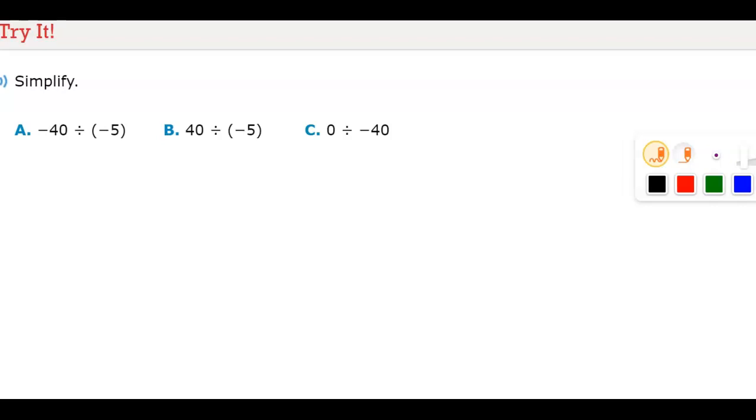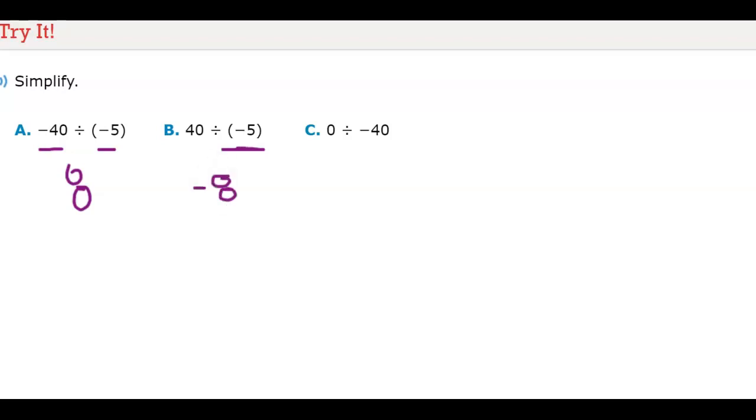I know 5 times 8 is 40, so my answer will be 8, and it's going to be a positive 8 because both of these numbers are negative, so my quotient has to be a positive number, whereas with B, 40 divided by negative 5, there's only one negative, so my answer is going to be negative 8, so that would be my answer.